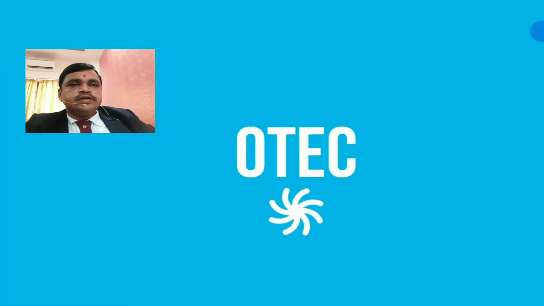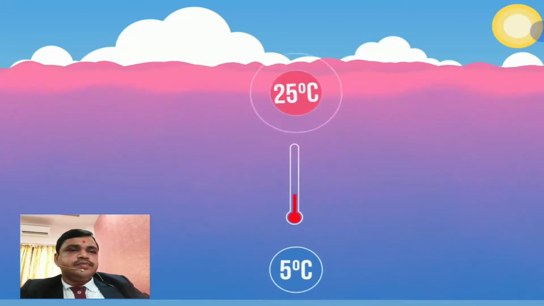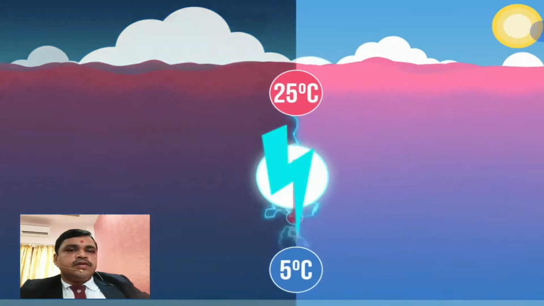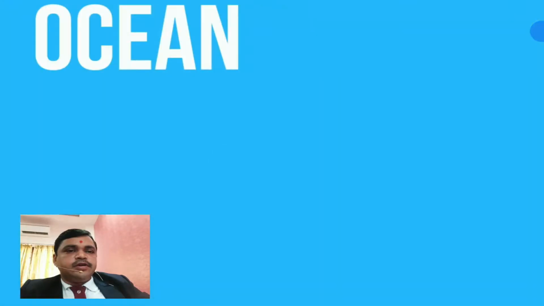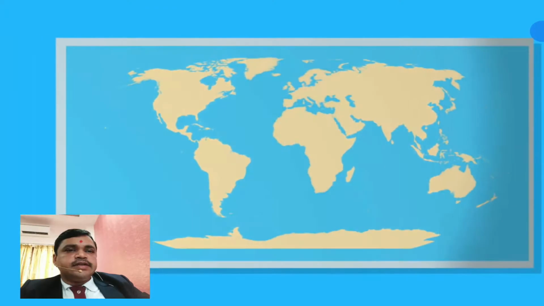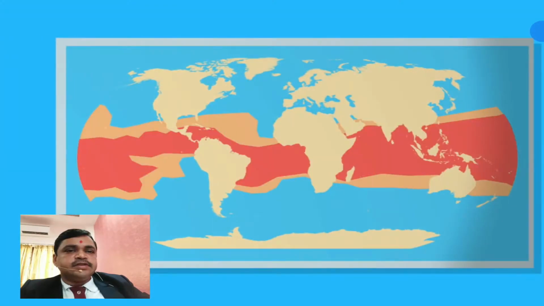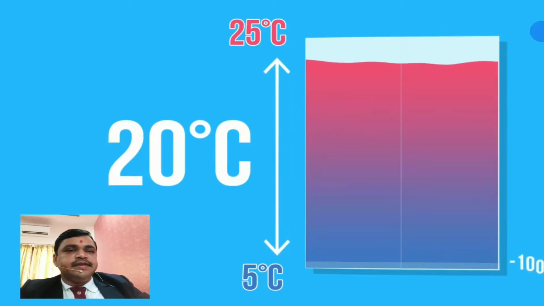This is the second OTEC system. Surface water is at 25 and deep water is at 5 degrees. So we get this temperature difference and we establish an OTEC system. Open cycle and closed cycle.